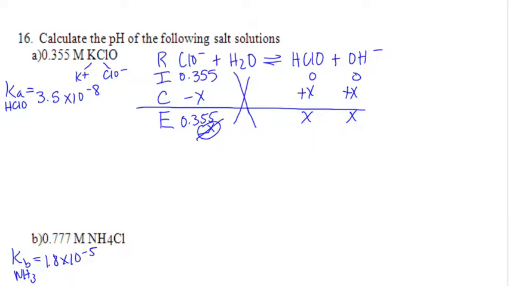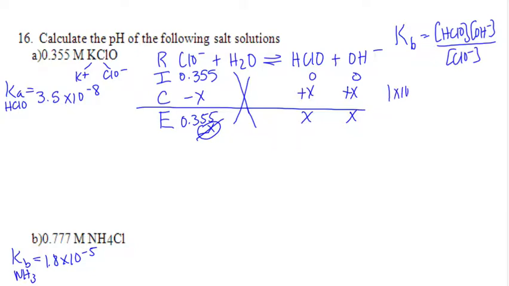Okay, so we need to write our expression. What kind of expression are we going to write? A Kb is equal to HClO times OH minus divided by ClO minus. Did they give us a Kb?